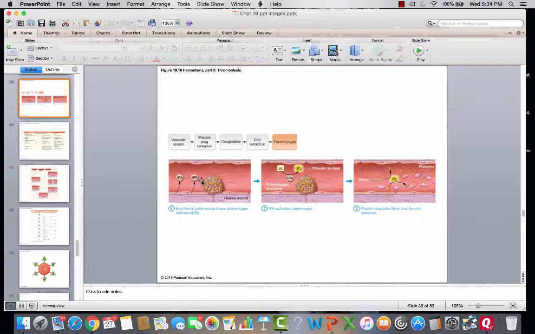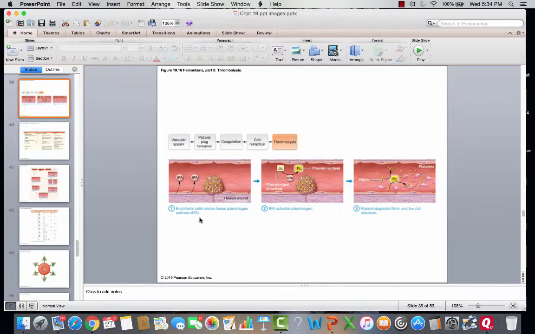So TPA is then going to activate something called plasminogen, and then plasmin is going to degrade fibrin. Plasmin is formed from plasminogen, and that's going to degrade the fibrin and help the clot to dissolve.